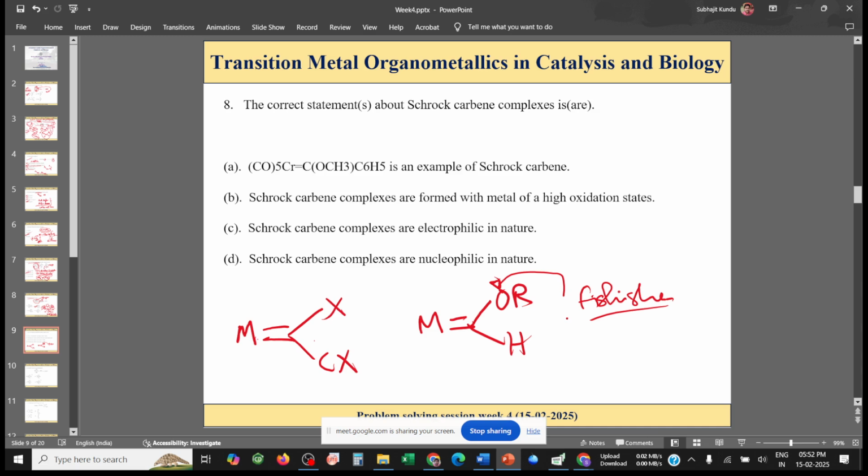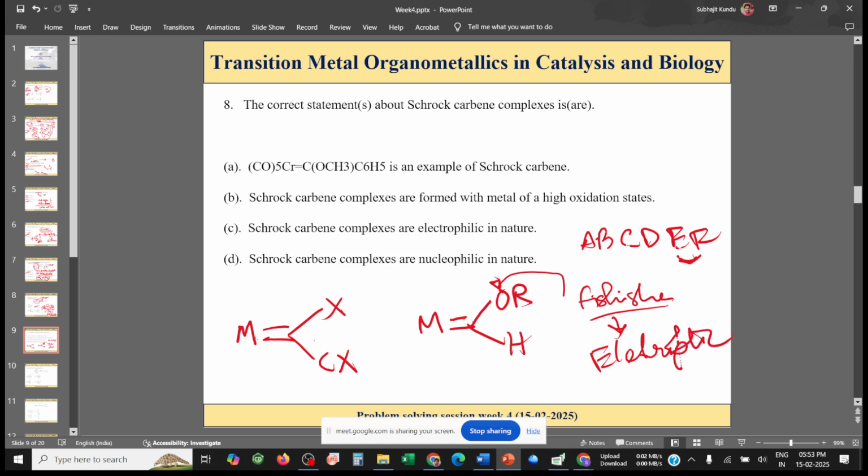So for the Fischer type of carbene, in the last class we discussed what the characteristic feature is: whether it is electrophilic or nucleophilic. The Fischer type of carbene will be electrophilic in nature, because E and F are close to each other.